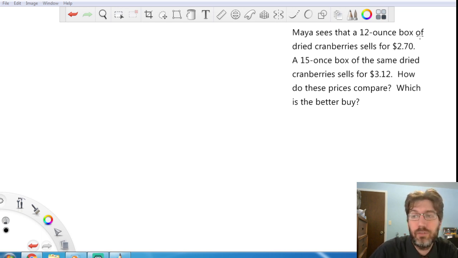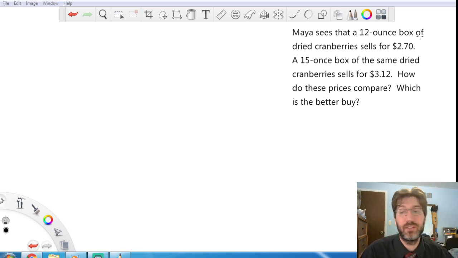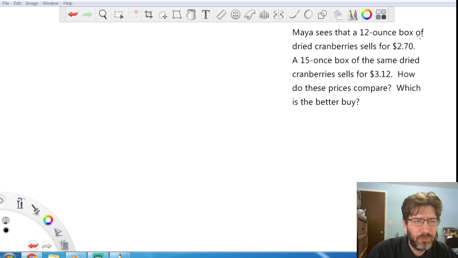We want to know how these compare and which is the better buy. So for today we're going to look at what we did yesterday, and then take it one step further and look at some conclusions we can draw from what we know from yesterday.